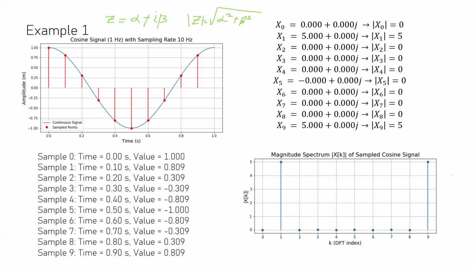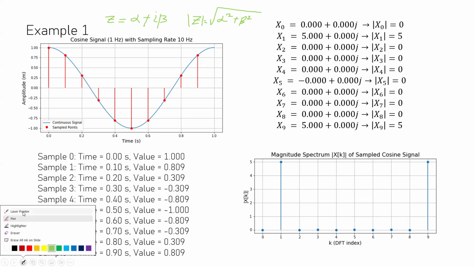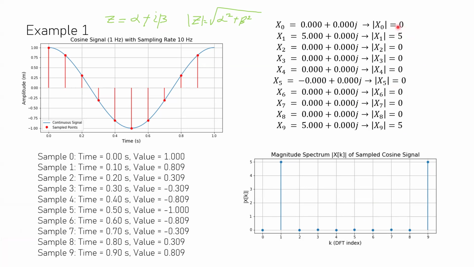So if we plot the magnitudes against the k indices, we are getting something like this.